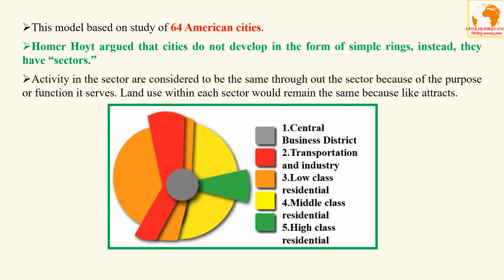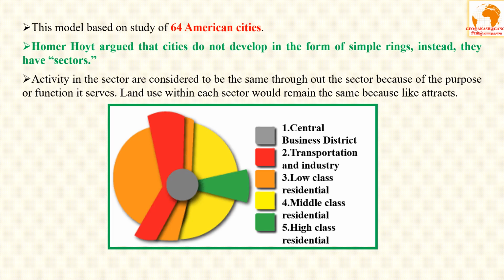Activities in a sector are considered to be the same throughout the sector because of the purpose or function it serves. Land use within each sector would remain the same because like attracts like. High-class sectors stay high class because it would be the most sought-after area to live, so only rich people could afford to live in this area.